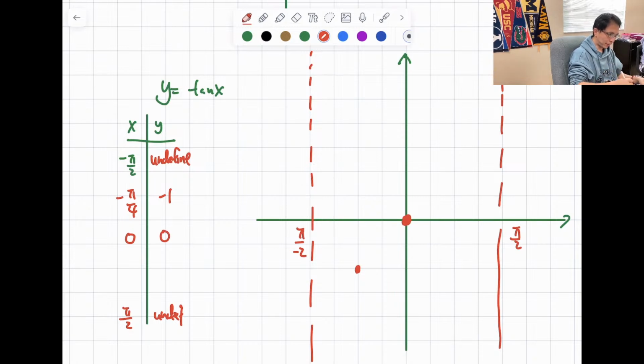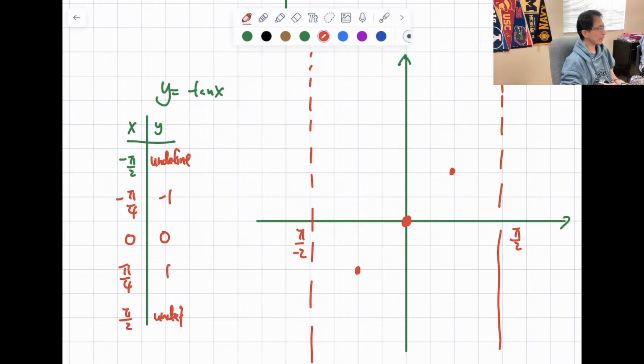What happens if you plug in pi over 4? 1. So it's going to be something like this. Okay, let's plug in a value very close to pi over 2. Which value are you thinking is close to pi over 2?